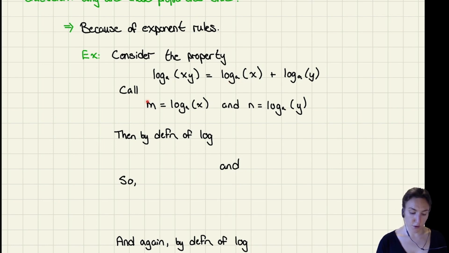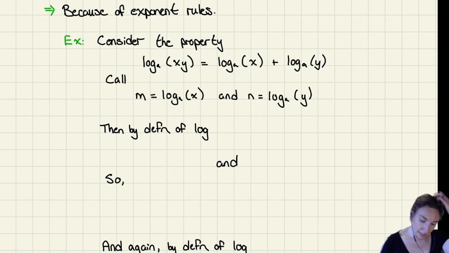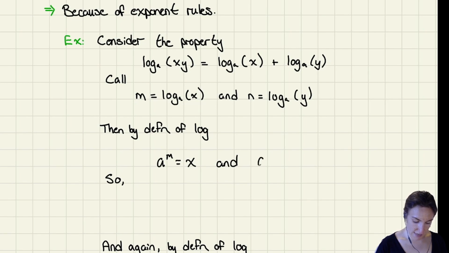I'm going to call the first one m, and I'm going to call the second one n. And then by definition of logarithms, writing these logs, the m and the n, is equivalent to writing a to the power of m is equal to x, and a to the power of n is equal to y.